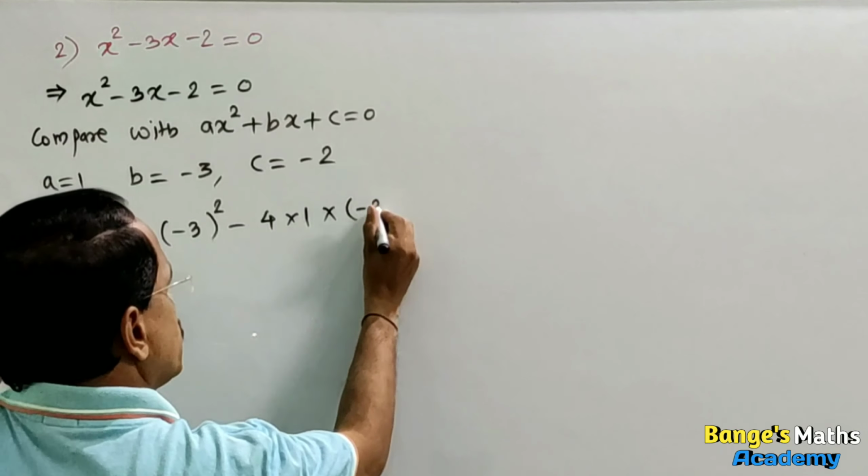Simplify this. Minus 3 square 9, minus into minus plus, 4 into 1 is 4, 4 into 2 is 8. 9 plus 8 is 17. We get b square minus 4ac is equal to 17.